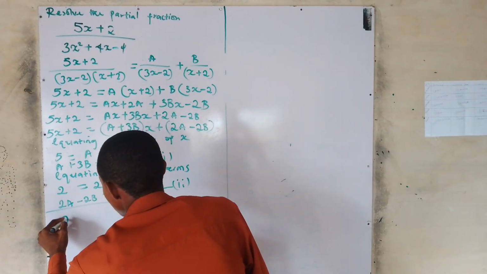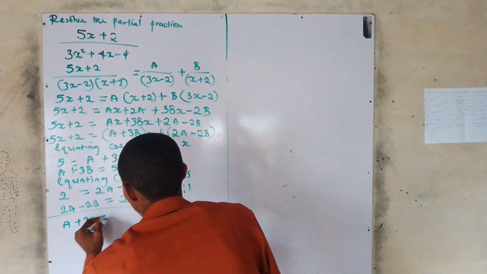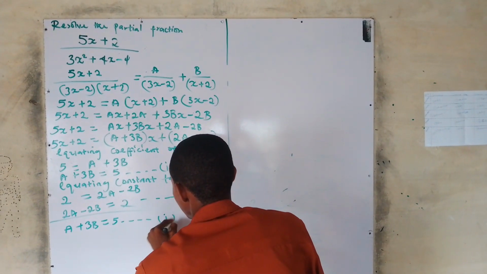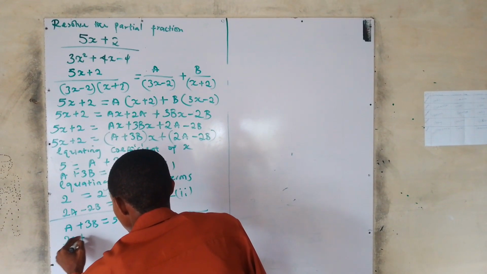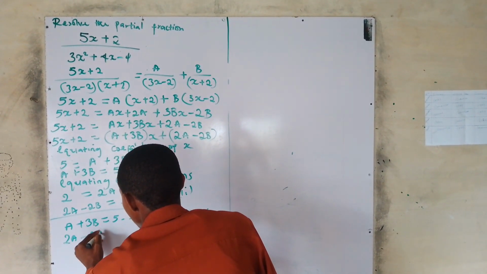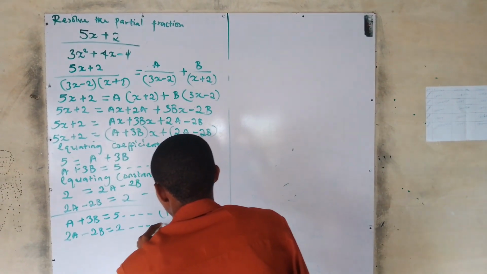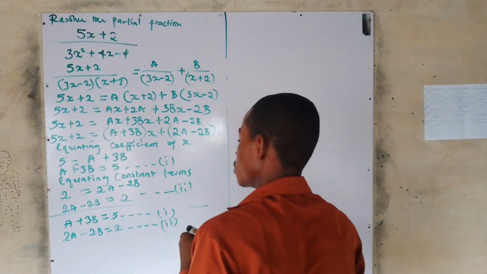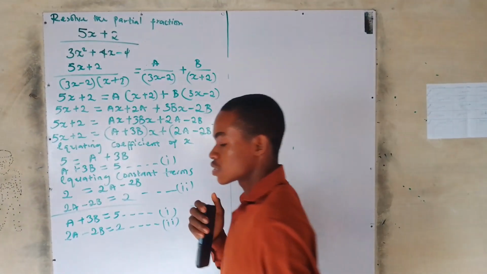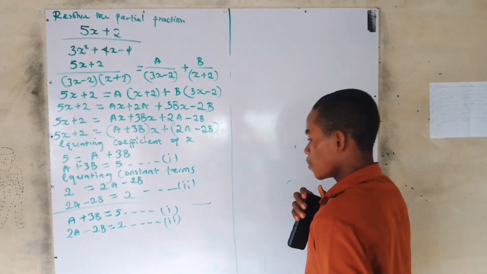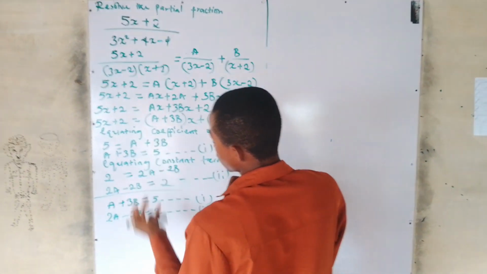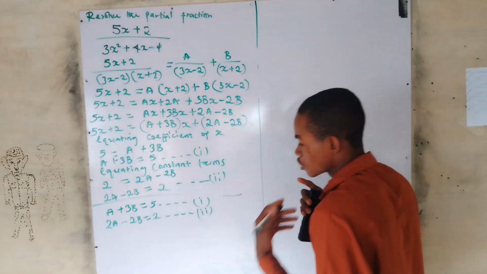This: A plus 3B equals 5, equation 1. 2A minus 2B is equal to 2, equation 2. So from here you can see that this is a simultaneous equation. Remember how you solve your simultaneous equation, you can use either the elimination method or the substitution method.